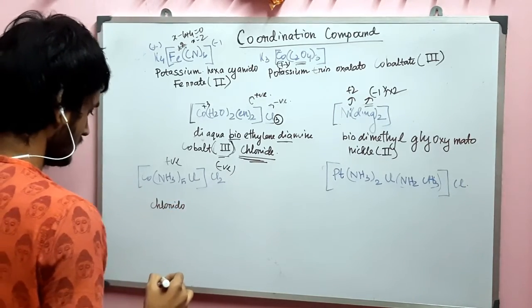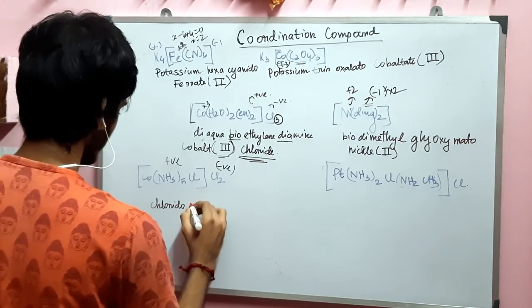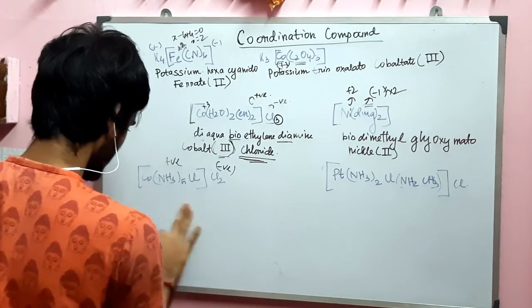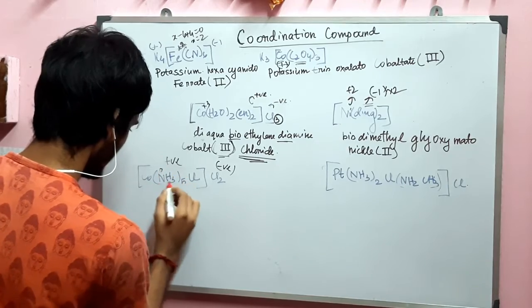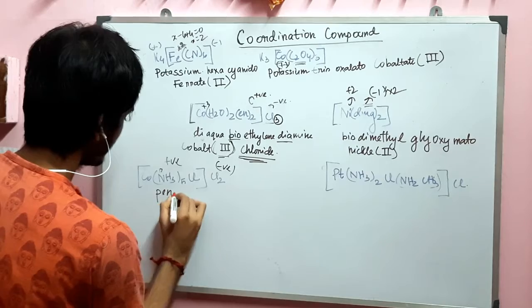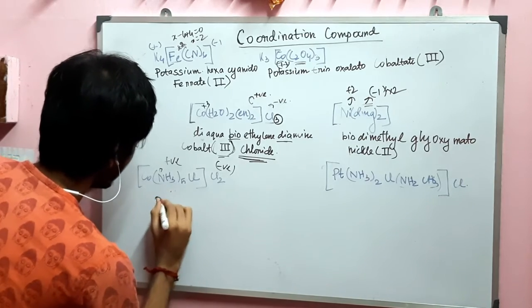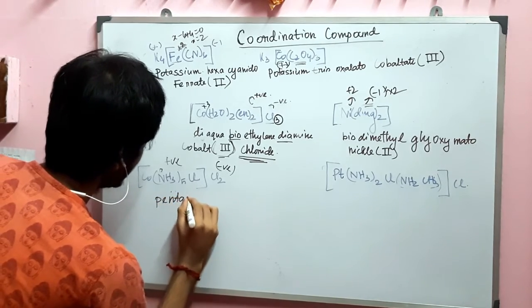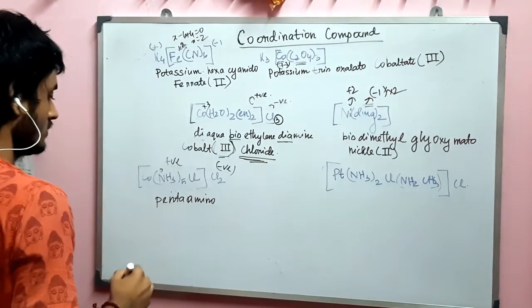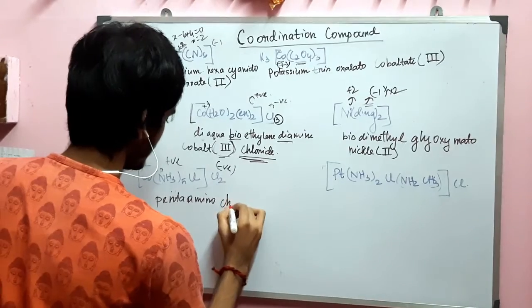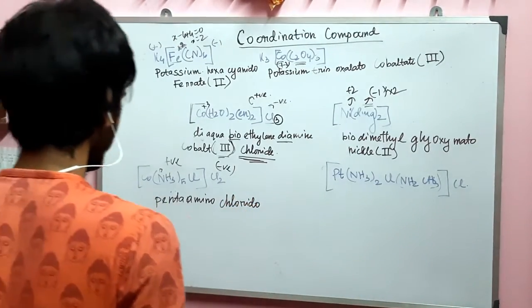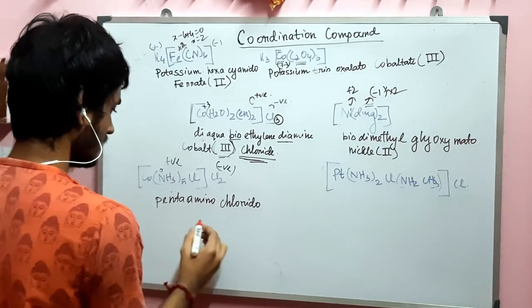This is ammine, this is chlorido; A comes before C, so pentaamminechlorido.